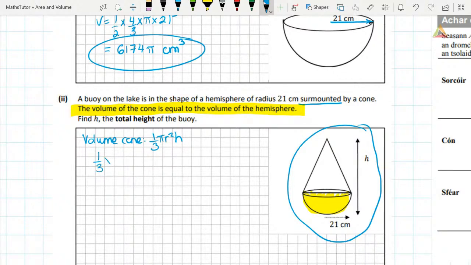So 1/3 multiplied by pi multiplied by r squared multiplied by h is equal to 6,174 pi. So we're going to see what can we fill into this formula for the volume of a cone that I've written on the left-hand side. And I've made this equation because it told me that they were equal. So when I'm told that things are equal, I can make an equation.